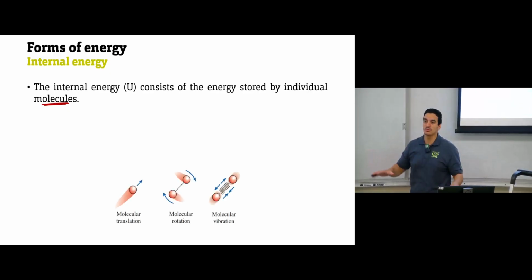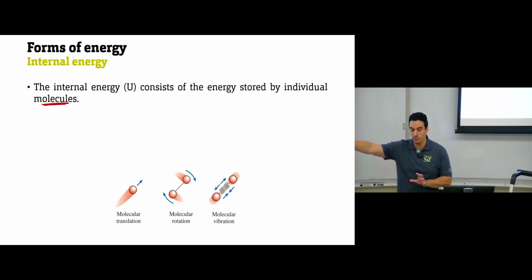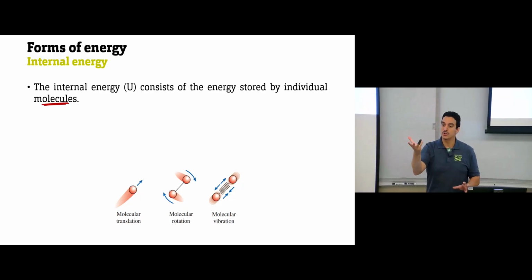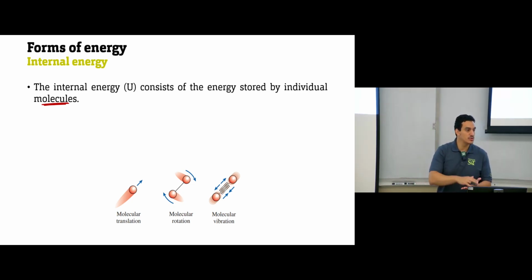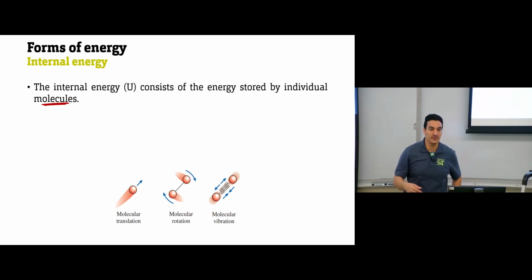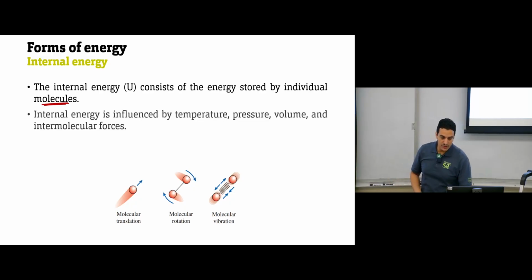Why do molecules have this type of energy? Because molecules are always in random motion. Molecules can have translational motion, moving from one place to another, rotational motion, or even vibrational motion. Because molecules are always in motion, these molecules have internal energy. Internal energy is affected by several factors, including temperature, pressure, volume, and the forces between the molecules themselves.